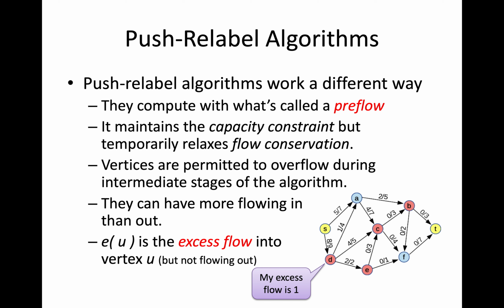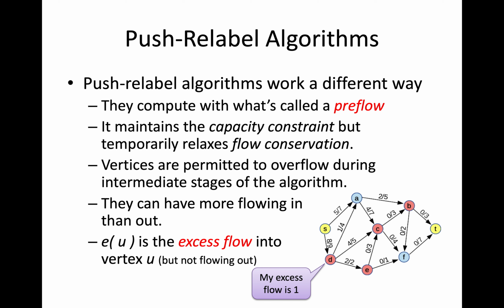So in the example graph I've got at the bottom of this slide, the number after the slash is the capacity of that edge, and the number before it is the flow.